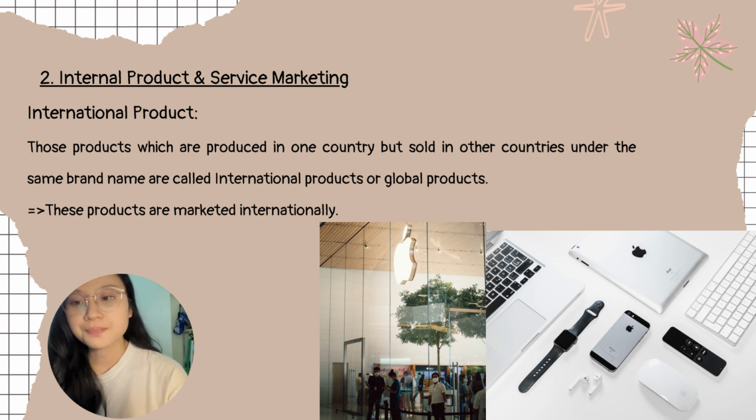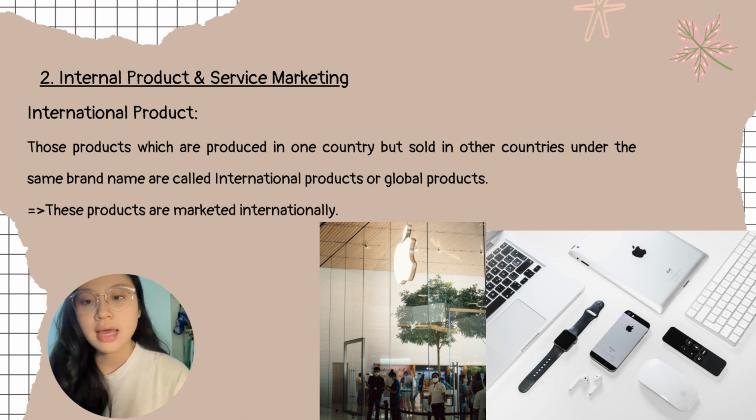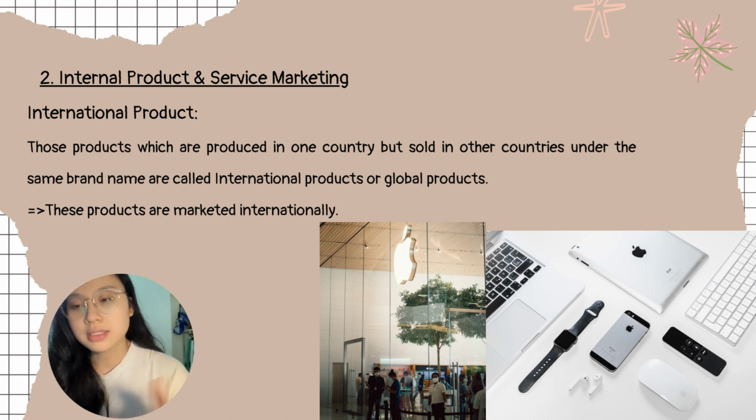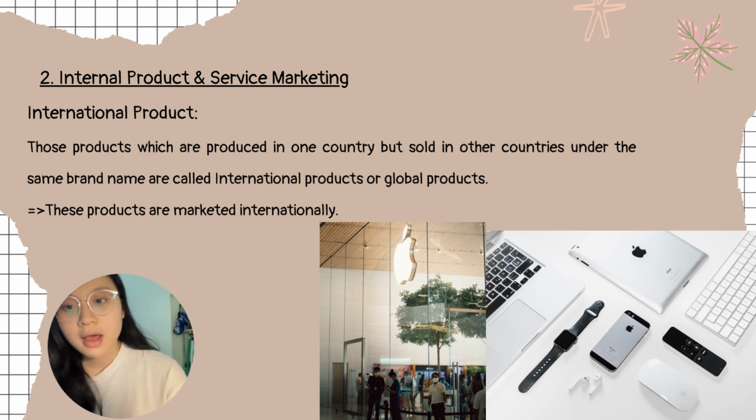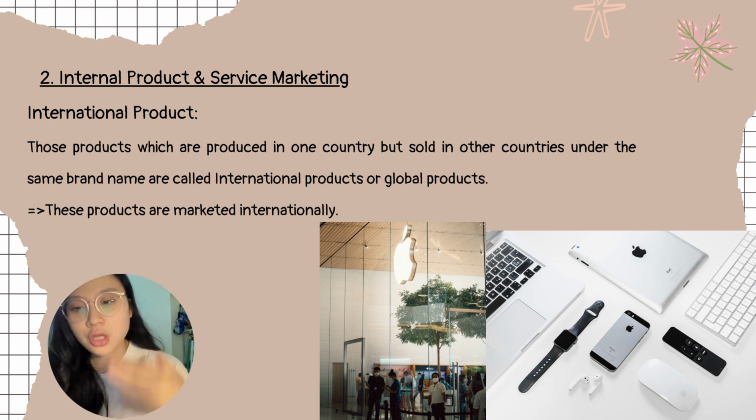For example, Apple is an American company which produces its products in China and India, and imports Apple products. For India, Apple products are global products. On the other hand, there are domestic products, which are produced and sold in the same country or region.